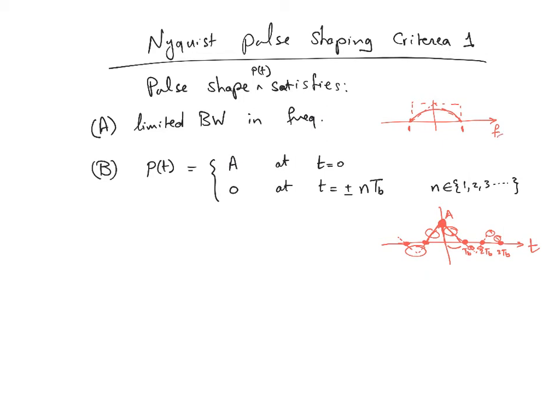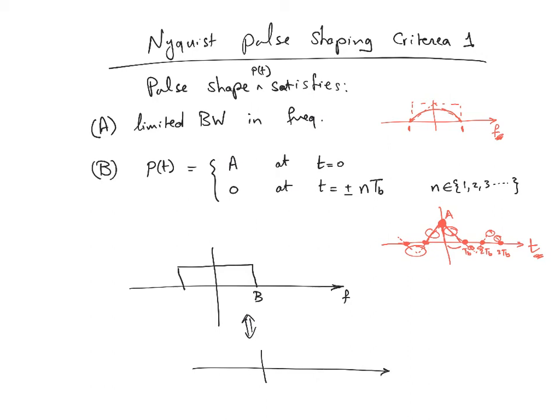So there is a condition in frequency domain, and there is a condition in time domain. Now, one pulse that was found to satisfy this is, in frequency domain, the square pulse, which has a certain bandwidth B, and this corresponds in time domain to the sinc function, right?